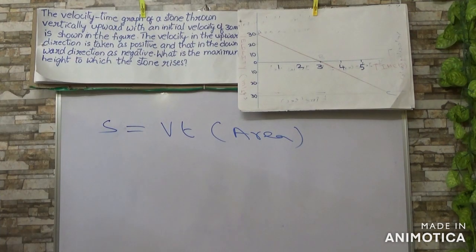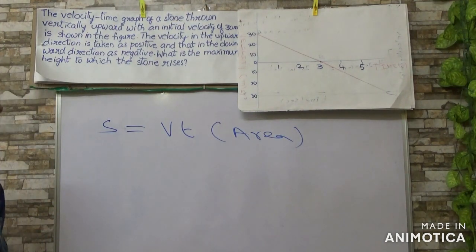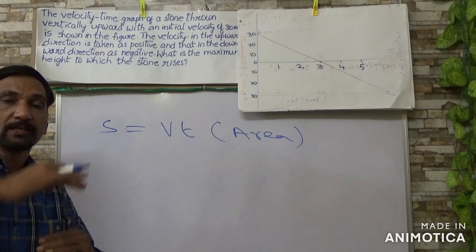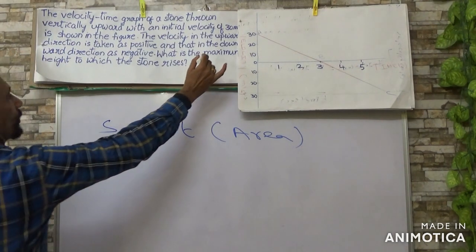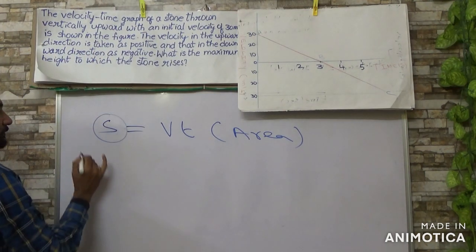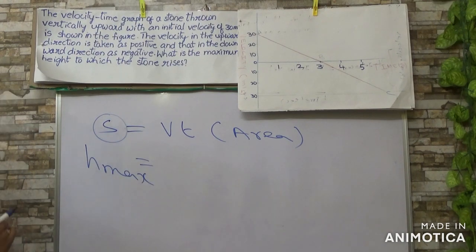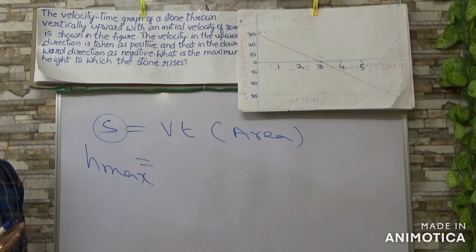So you have to consider up to 3 seconds only, because 3 seconds is the time taken by the body to reach maximum height. He is asking only about maximum height. So the area of this part is in the form of a triangle, half base into height.